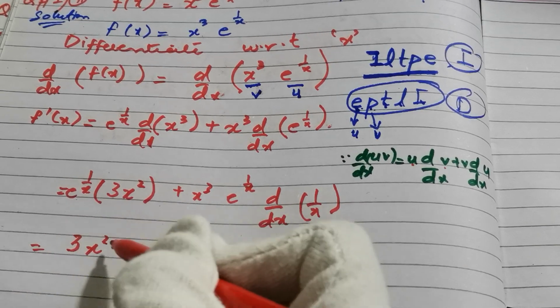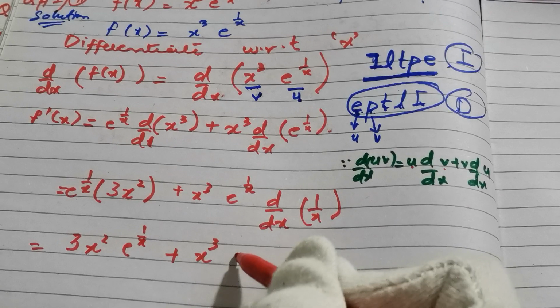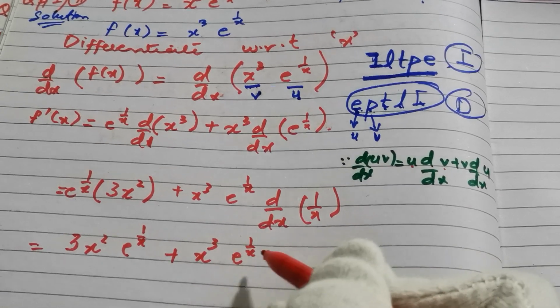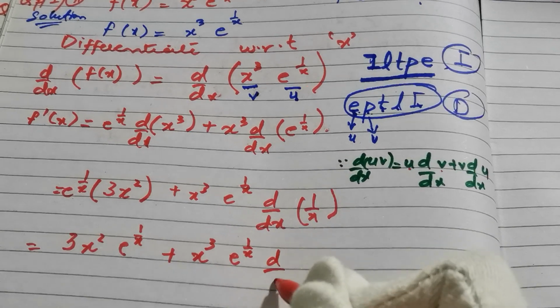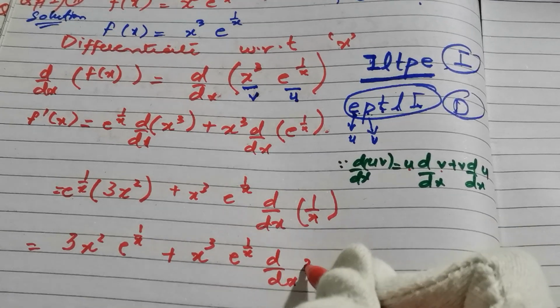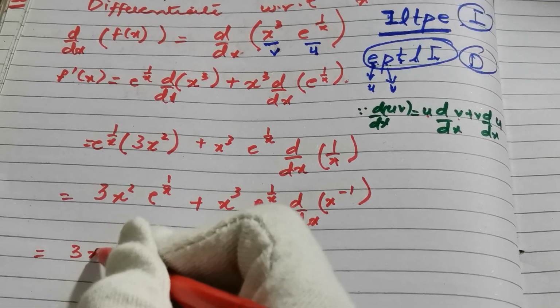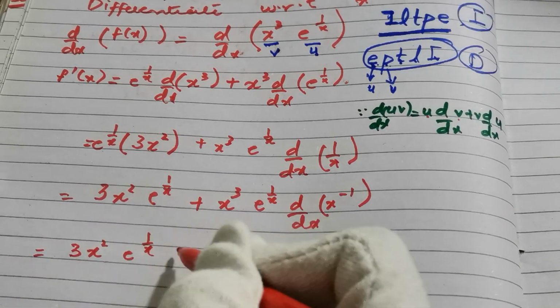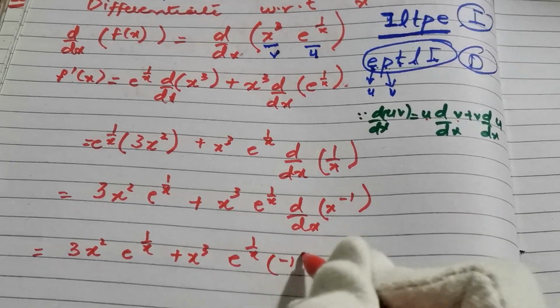So 3x square e raised to power 1 by x plus x cube e raised to power 1 by x, and the derivative of 1 by x, that is x to the power minus 1, we need.